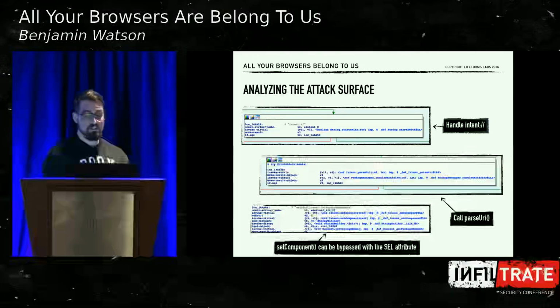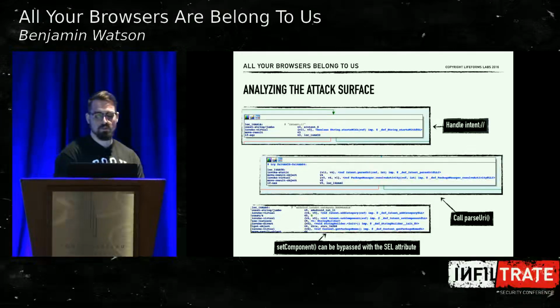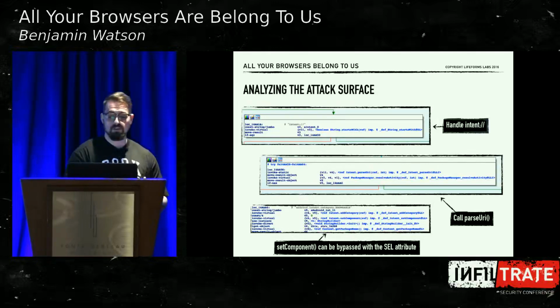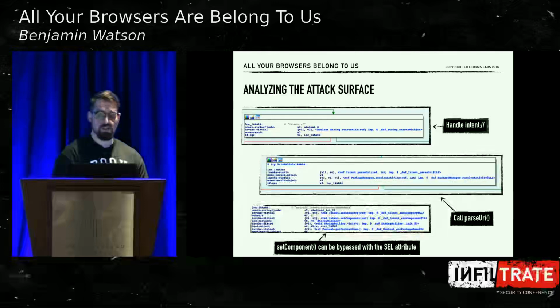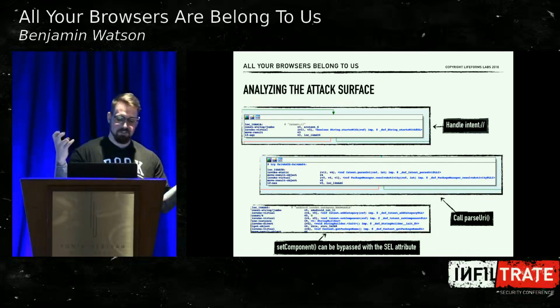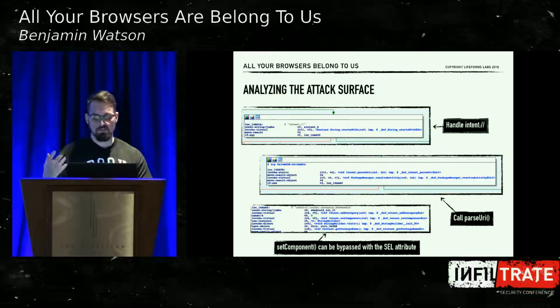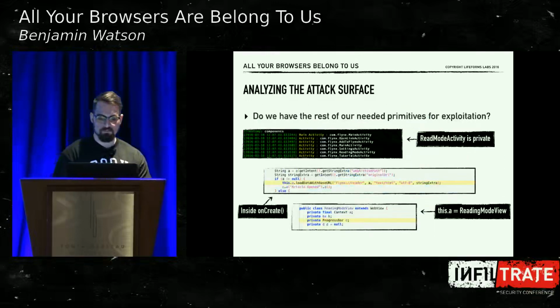If it does, it takes that intent object after it's returned from parseUri and passes it to something called resolveActivity. That returns because the activity that we're targeting is internal to the app. And then the second piece here is that it calls setComponent to nullify the component, but effectively you can bypass that with the selector attribute, so this browser is vulnerable.